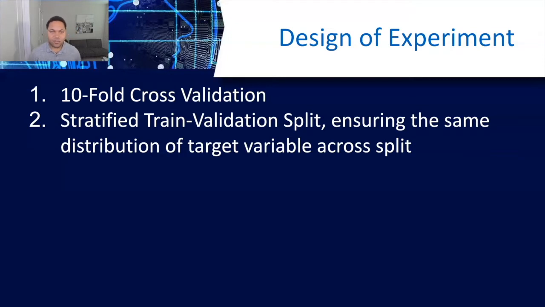Now, we're also going to do a stratified train test split. And the purpose of this is actually just to make sure that we have the same training data and validation data across all the different architectures that we're going to experiment with. And then we're going to, again, just train on the training data and then predict on the validation data and then compare those inferences to the actual labels that we have.